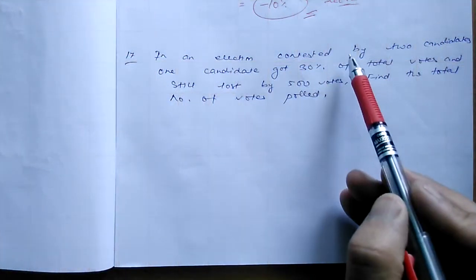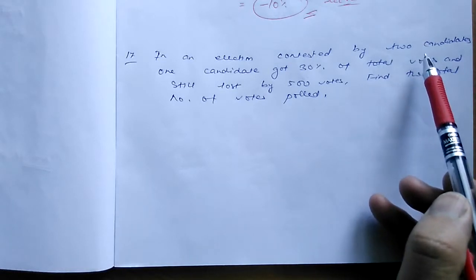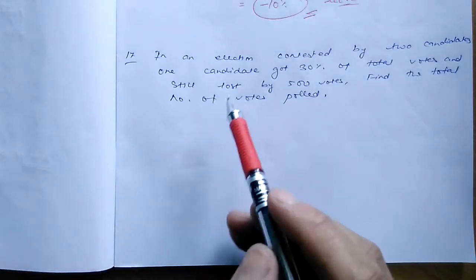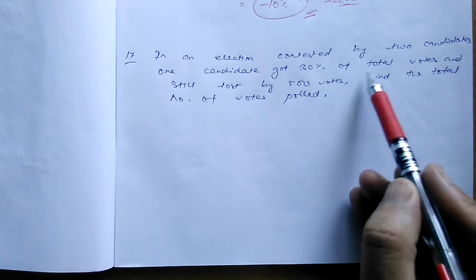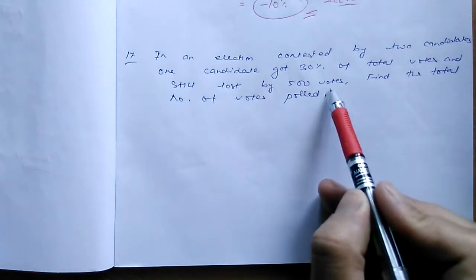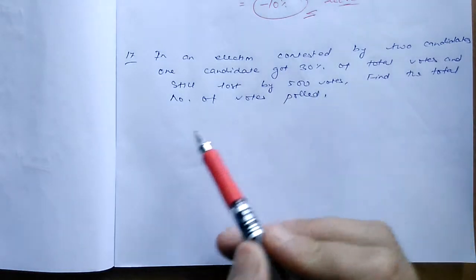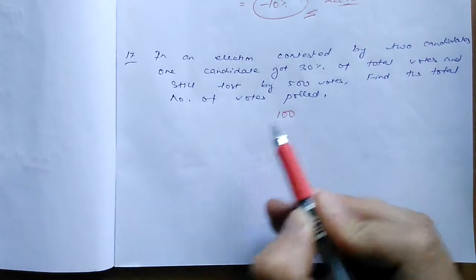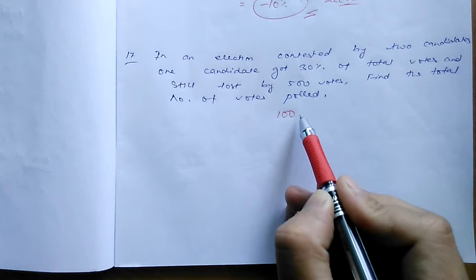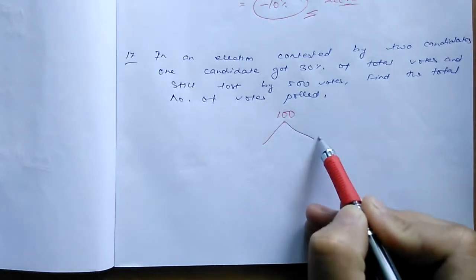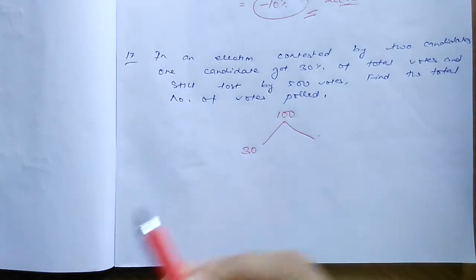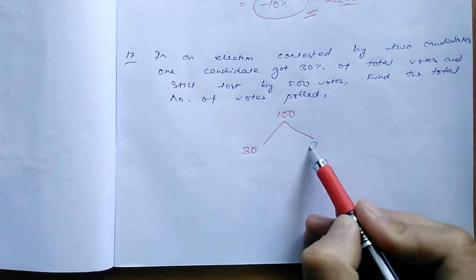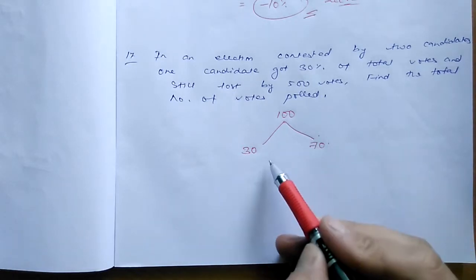17th question, and this will be the last question for this video. In an election contested by two candidates, one candidate got 30% of the total votes and still lost by 500 votes. Find the total number of votes polled. So we'll take the total number of votes polled as 100, and one candidate got 30, so the other candidate will get 70.